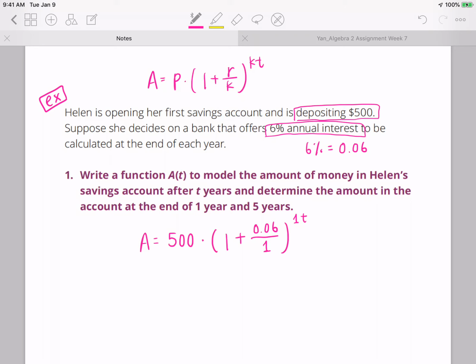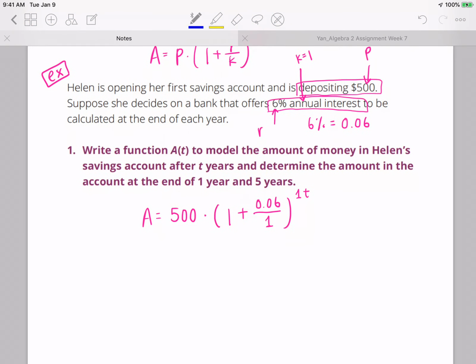One more time. This is annual, that means K equals 1. And this 6% is R. And then your 500 is P. And T, that's what they give us to find out our final answer.